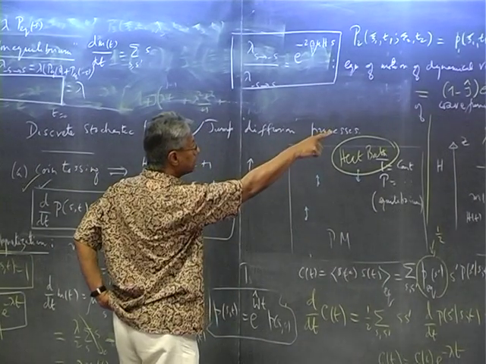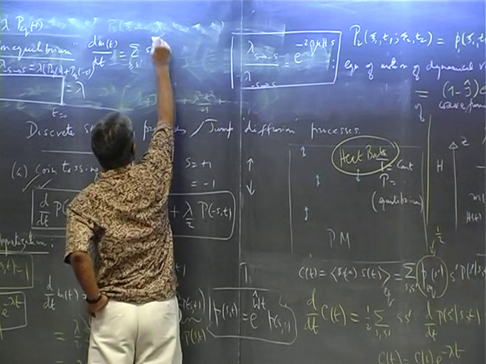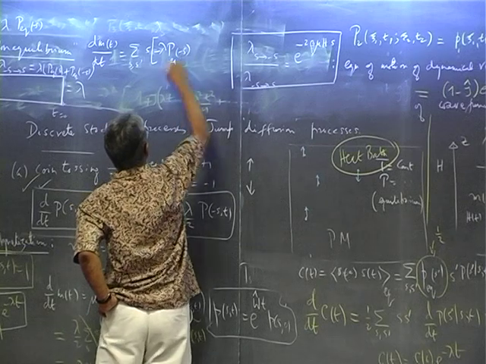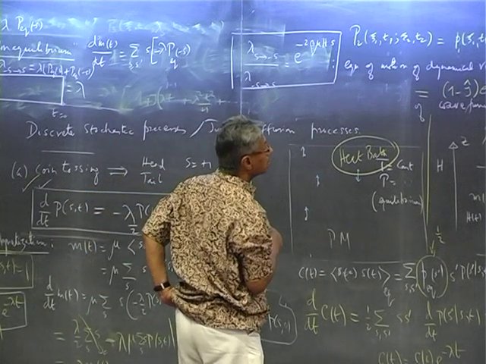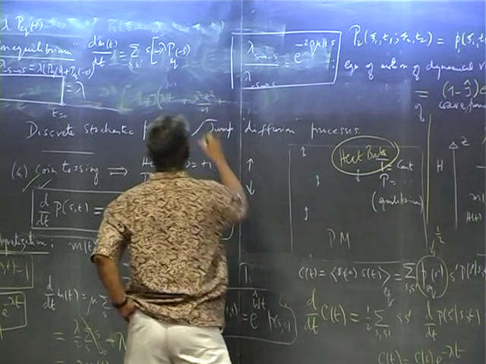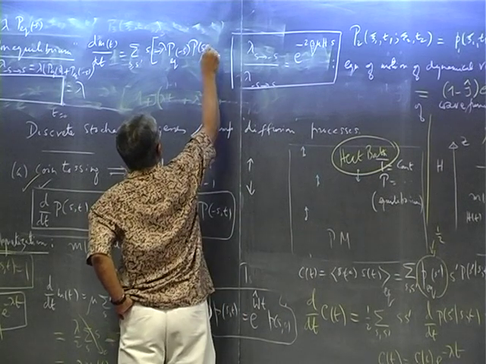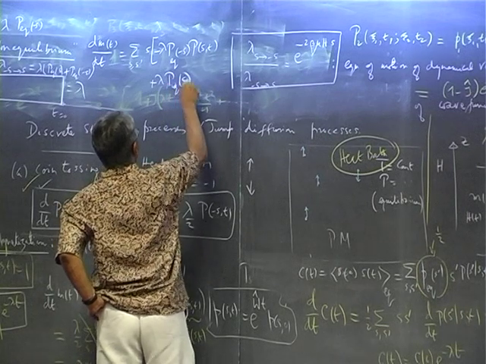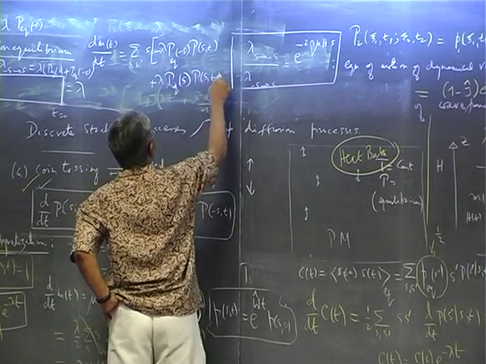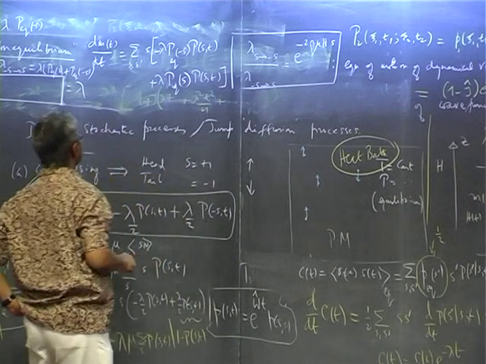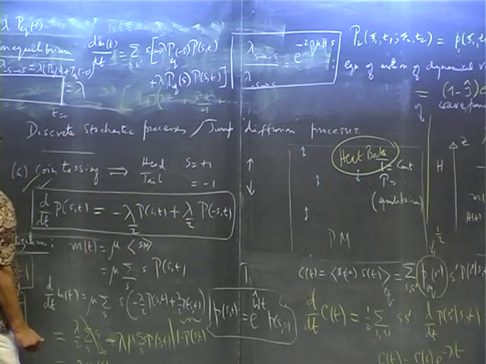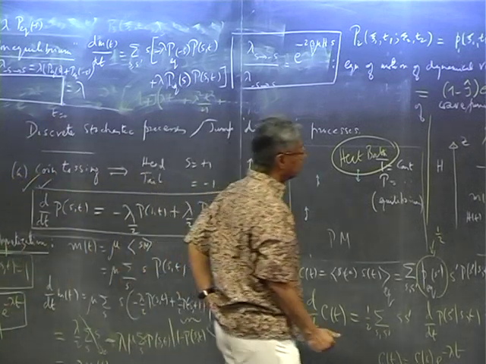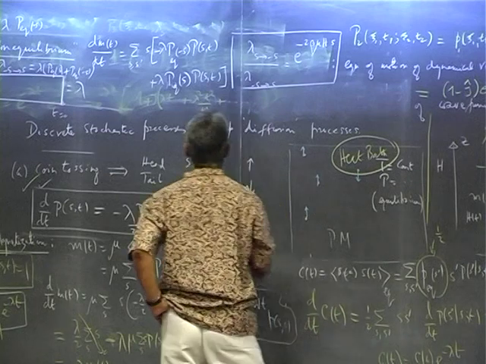So I have minus lambda P equilibrium minus s times P_s of t plus lambda P equilibrium plus s times P minus s of t.